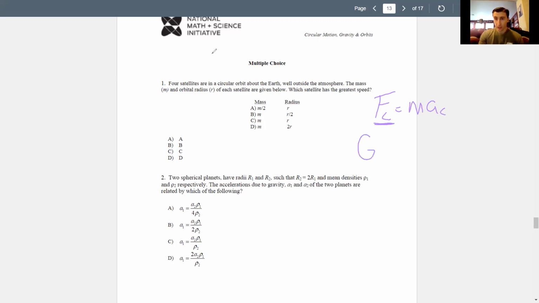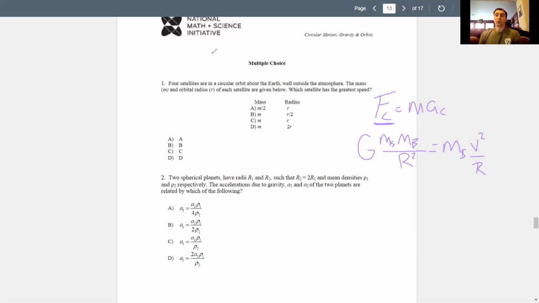So I have G, mass of the satellite, mass of the Earth, over radius squared, equals mass of the satellite times velocity squared over r.